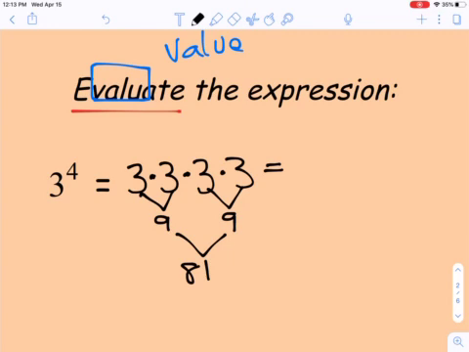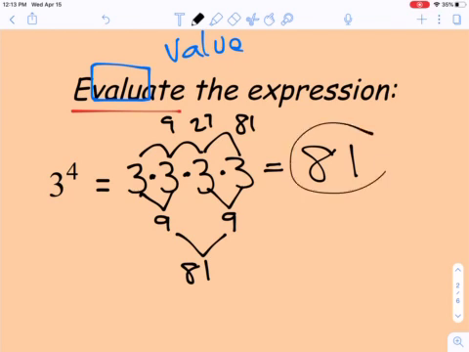You could also do 3 times 3 is 9, times 3 is 27, times 3 is 81. Either way, it gives you 81. That is our answer.